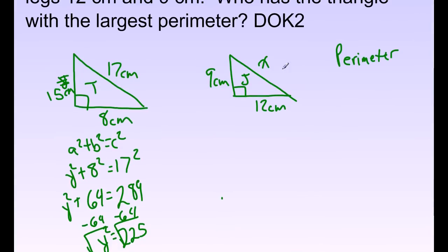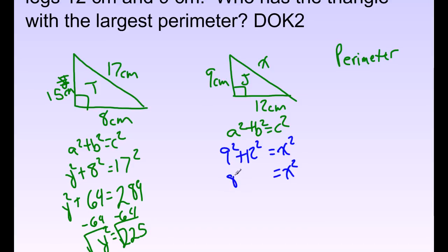Now, I need to find the perimeter of Jasmine's triangle. So, Pythagorean Theorem. a squared plus b squared equals c squared. I'm missing the hypotenuse, so that's going to stay variable. The other sides, 9 squared plus 12 squared.